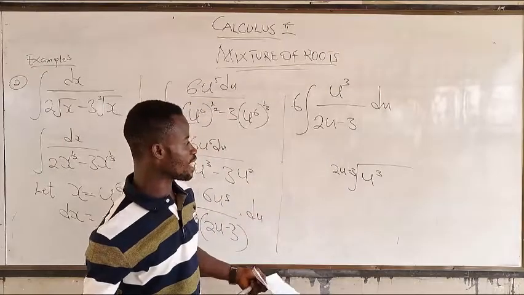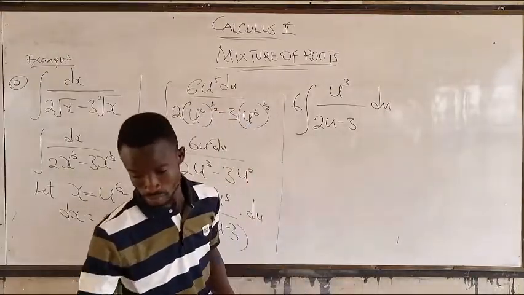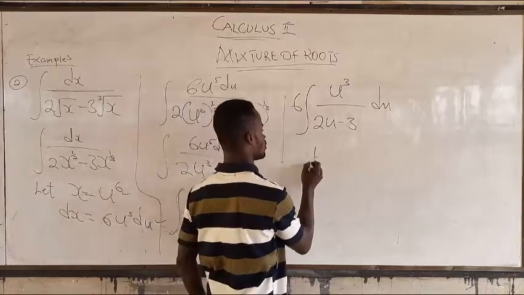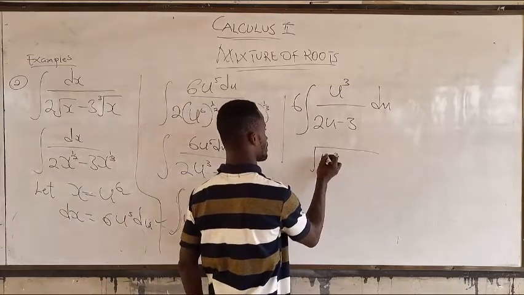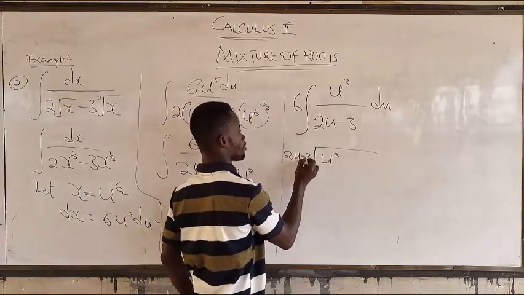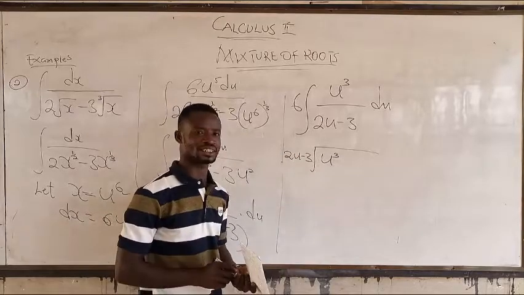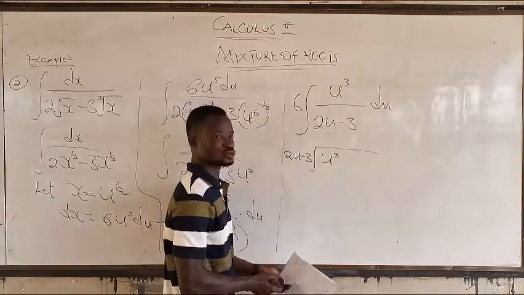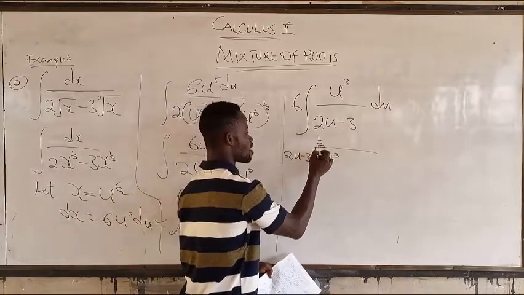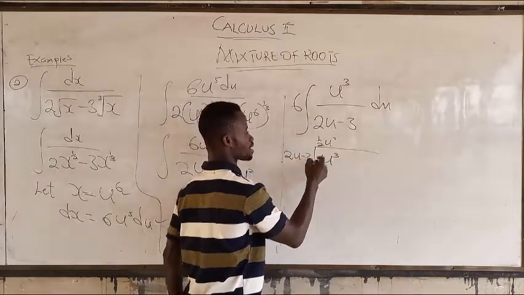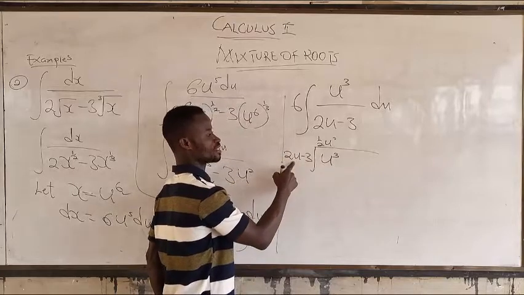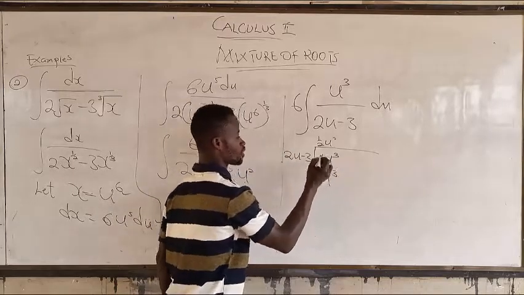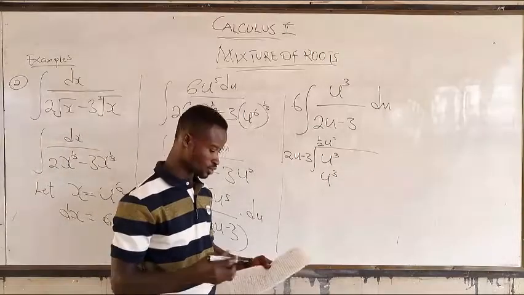So now that we have our divisor and our dividend, what will you get when you divide this by this? That is half u squared. And when you multiply this by this, you get u to the power 3. You know how to go by this already, so do that.